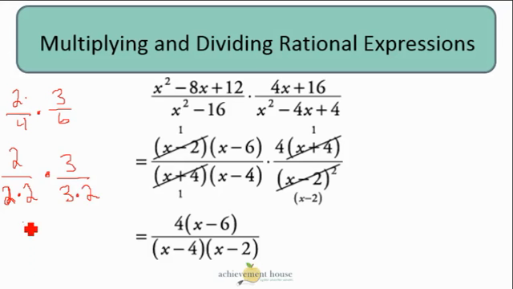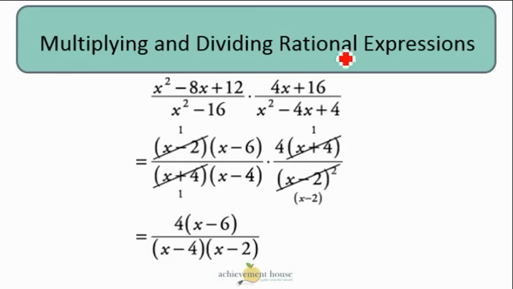Now when I multiply, I can just keep the factors the same, just keep it broken up into factors. And so if I divide out common factors, I'll see that I'm left with 1 in the numerator and 2 times 2 in the denominator, which gives me 1/4.